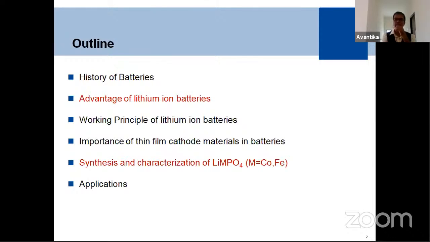So in this topic, I will tell you in detail the preparation of thin film and how to optimize the thin film for the suitable batteries. Then after, I will tell you the different synthesis of the cathode material and the characterization of the different material. And finally, I will tell you the applications. So these are all.